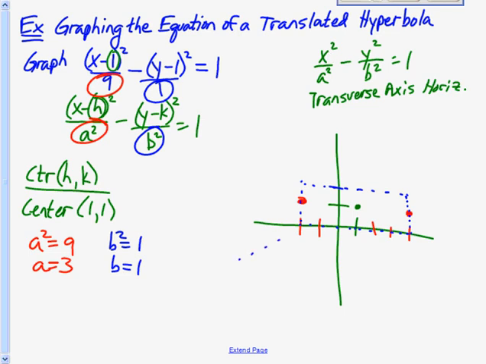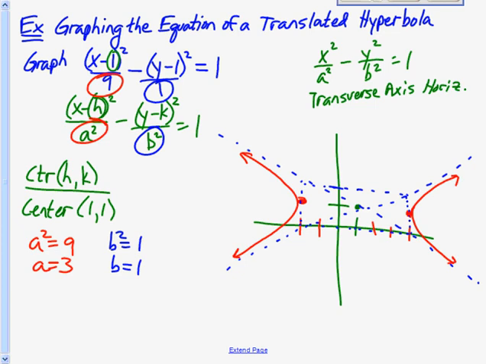So these slant asymptotes, oops, that's not too great, help me draw this hyperbola. Let me see if I can. There's my hyperbola. There's my other hyperbola.